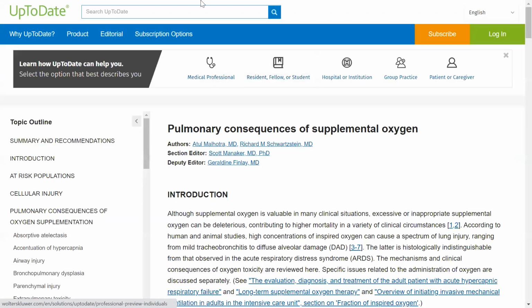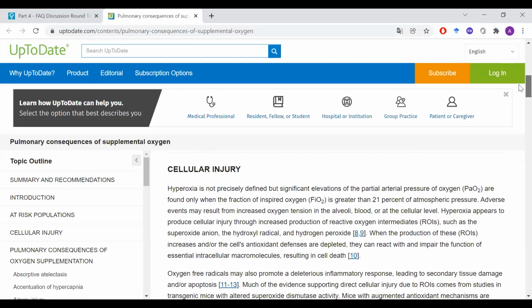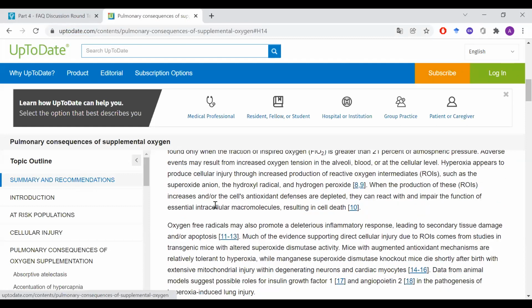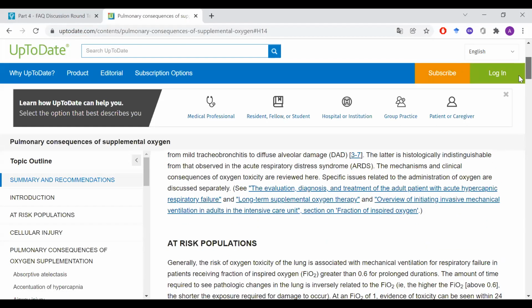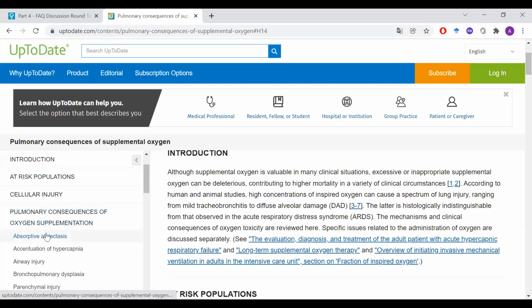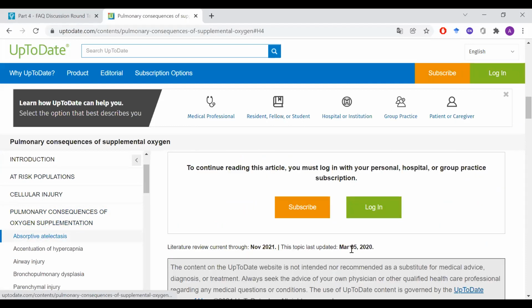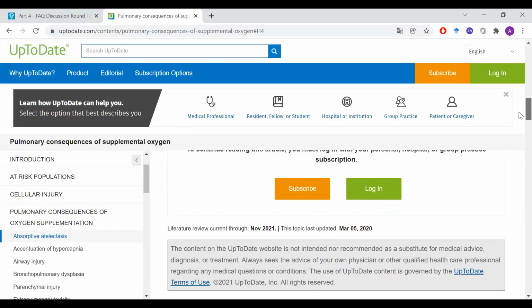But as you know, the common complications include absorption atelectasis, and the reason is you are replacing nitrogen, which is helping the alveoli to be open. If you replace that with oxygen, you will cause atelectasis. So that's a big complication.